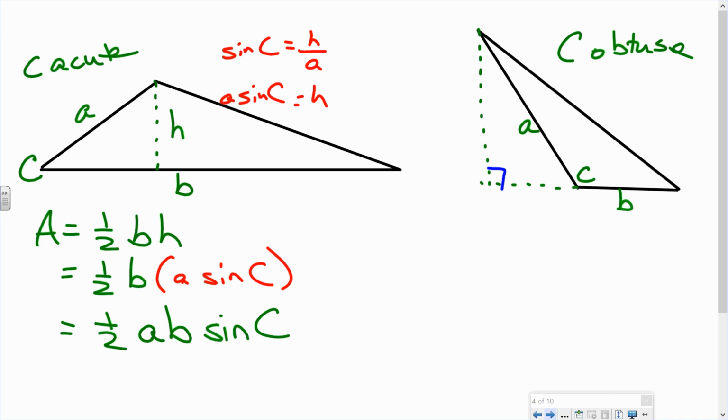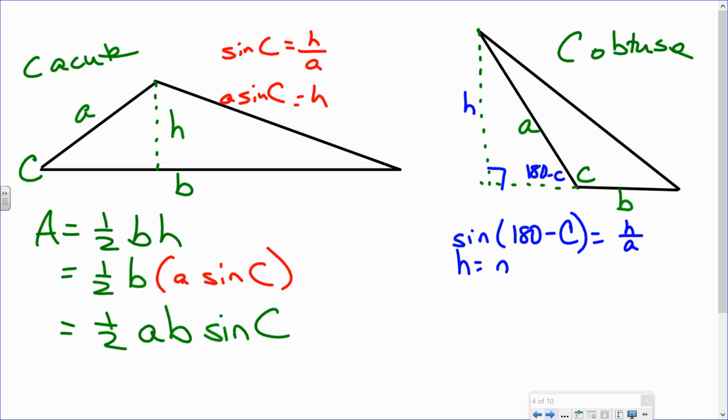Jack? Would you have to do like 180 minus? Exactly. This angle is 180 minus C. H is over here. So for this one, I'm going to say that the sine of 180 minus C is h over a.